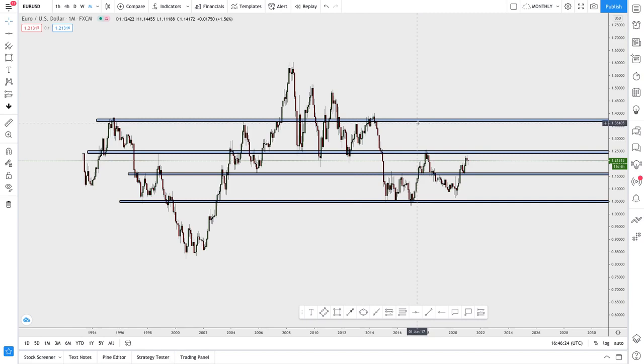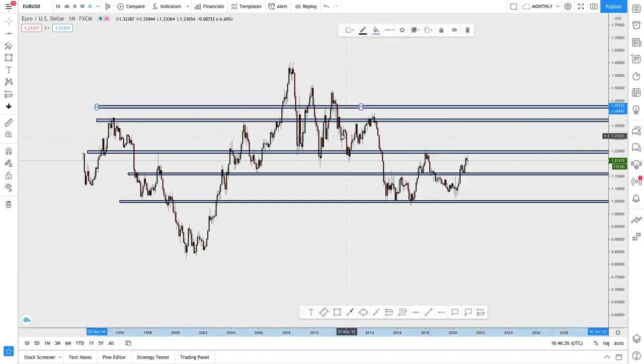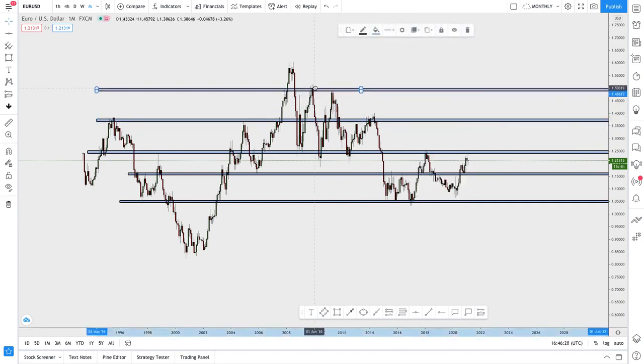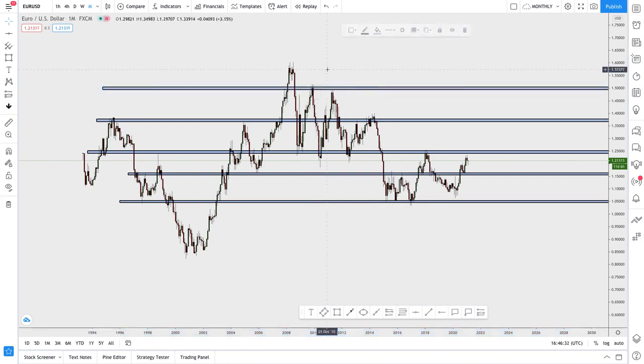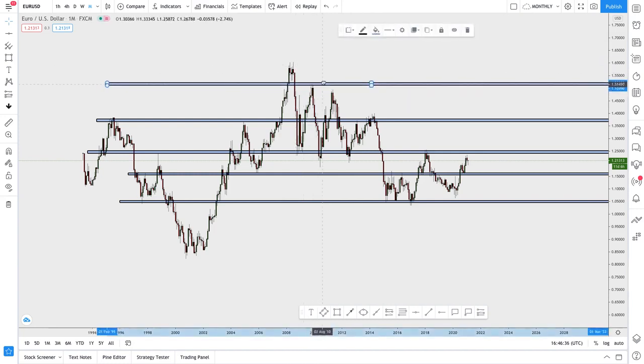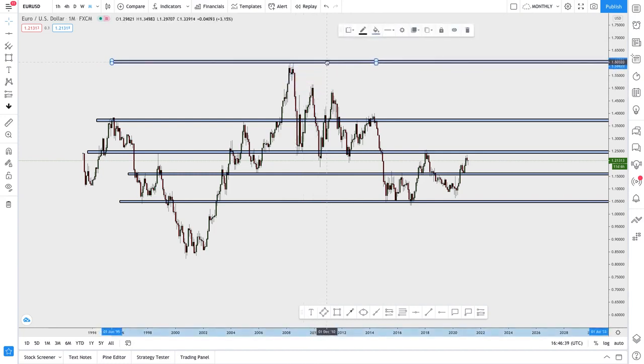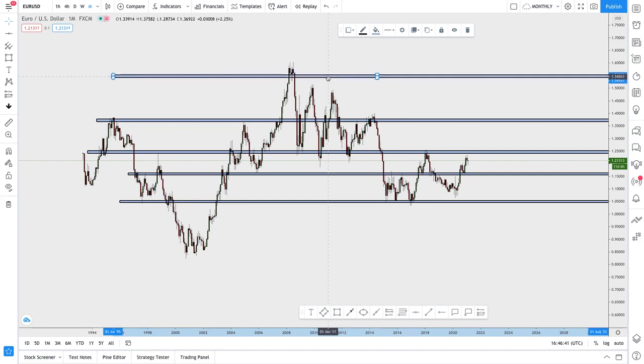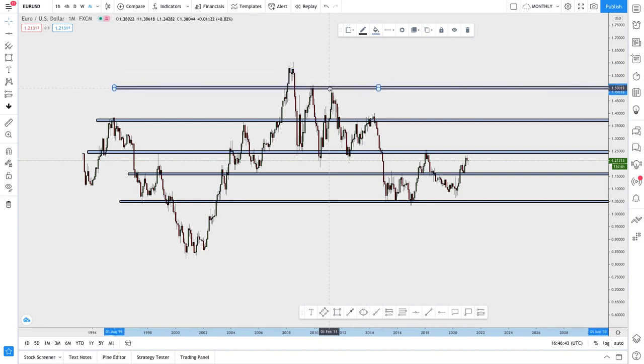What else? Let's see if we can go for a higher one. I think the higher one will be this one, if you ask me. Then when we get to this bridge, maybe we'll cross it. I don't like here. It's too alone. For the fact that we turned around twice in this region means that this level is strong.